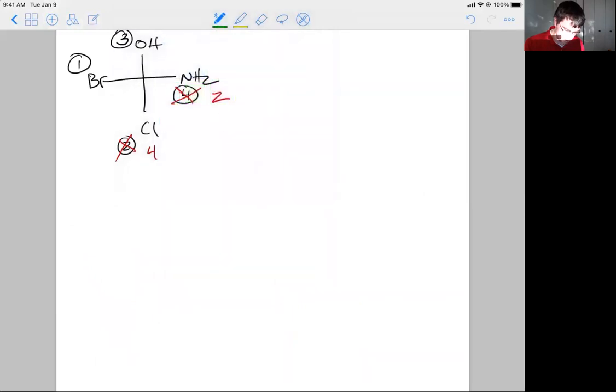So if I connect 1 to 2 to 3, that looks like it's S, but I have to multiply that times -1, which equals R. So it doesn't matter which one we put it on, the top or the bottom, we will get the same answer.